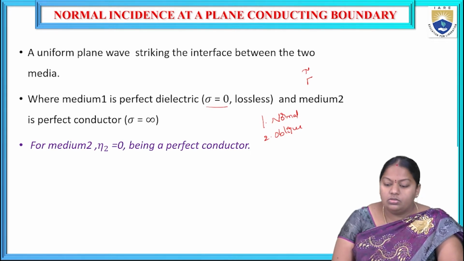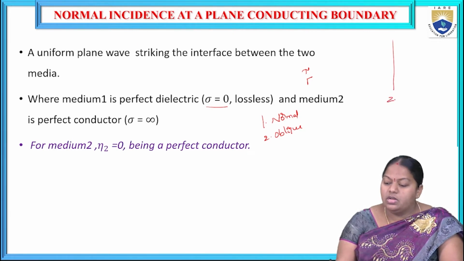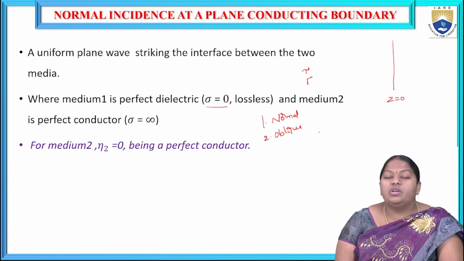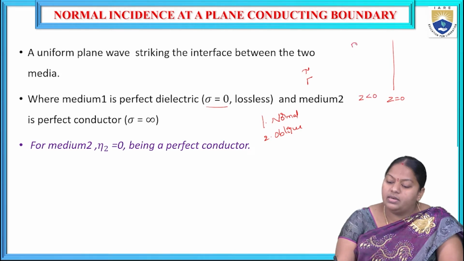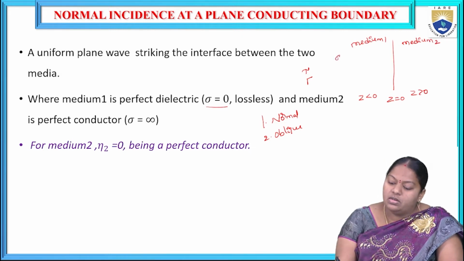In this we will consider two media. Here also the interface or boundary is located at z equal to 0. Below z equal to 0 we have medium 1, and above z equal to 0, meaning z greater than 0, we have another medium called medium 2. The characteristic parameters are sigma 1, epsilon 1, mu 1 and eta 1.